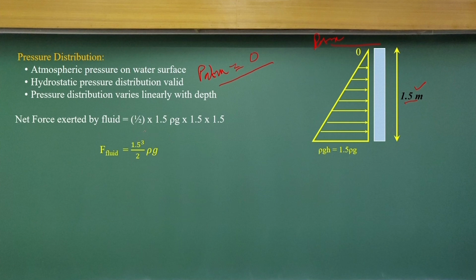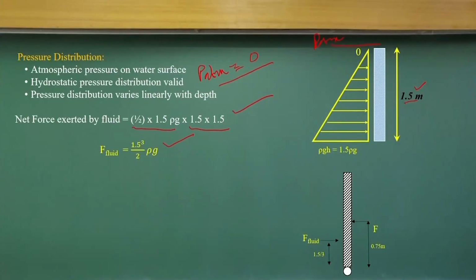That force acts at 1/3 distance from the base. As you know, in a triangular pressure distribution diagram, the resultant force acts at 1/3 distance from the bottom, or 2/3 distance from the free surface.